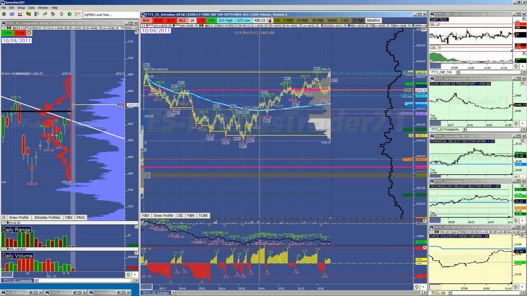For the rest of it, I decided to put on a trailing stop. I don't generally use trailing stops, but I put on a trailing stop of 3 points, or 2.5 points actually, and it just trailed the market. Then I got taken out at 10:57 and 39 seconds Central, somewhere in here, on that trailing stop on this 2.5 point pullback.